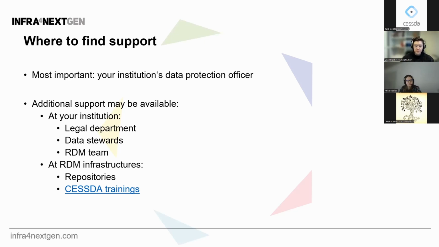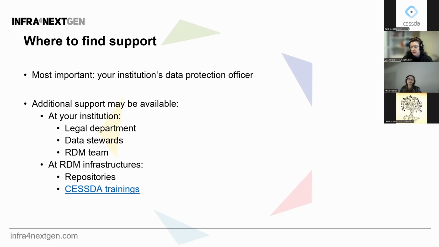Also, some infrastructures dedicated to research data management may offer support. Some repositories may offer support regarding data protection, especially when it comes to data that will be published at the repository. Repositories also have a legal basis to publish data, and their preferences and legal basis may differ.